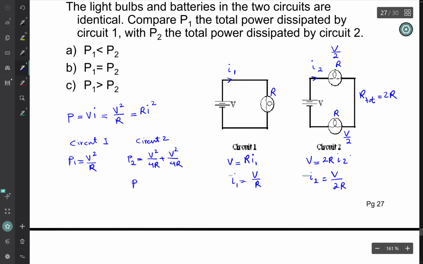If you add these two fractions, you will get V squared over 2R. So you see that actually P1 is bigger than P2, because P2 is half of P1, and therefore the answer would be C.